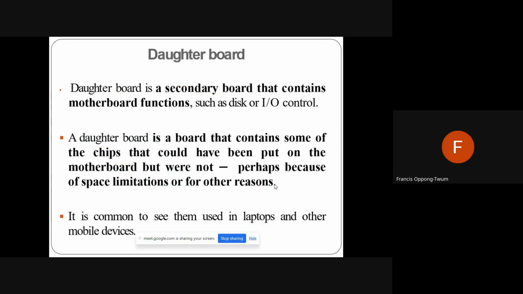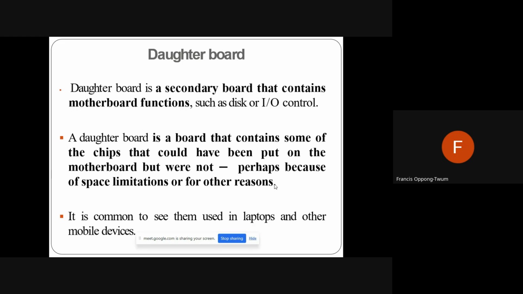Then sometimes we will hear this term daughter board. What is a daughter board? The daughter board is a secondary board that contains motherboard functions such as the disks or input and output control. At some point, the primary function of the computer is not to watch television, but you may want to use your computer to watch television.